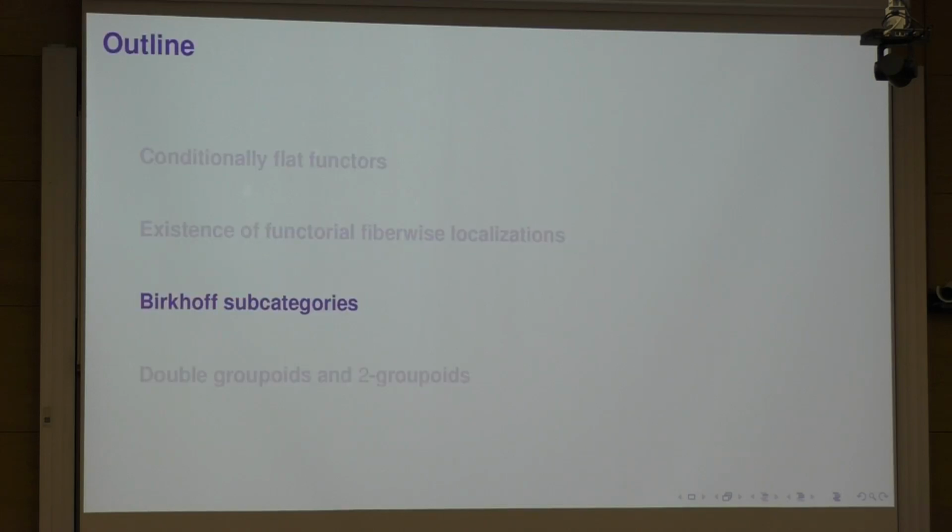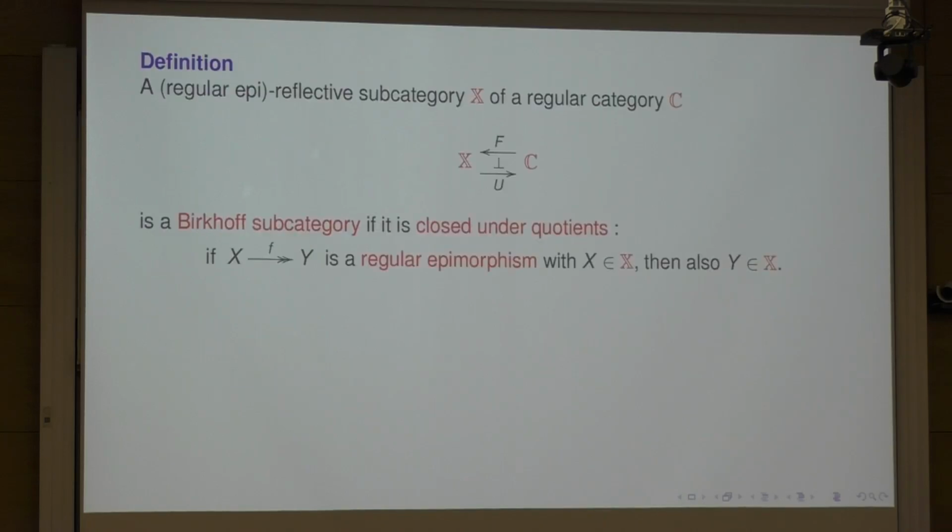Where we shall find many examples of conditionally flat functors is in the context of Birkhoff subcategories. So let me just recall that a regular epireflective subcategory of a regular category is Birkhoff if it is closed also under quotients. So if f from X to Y is a regular epi with the domain in X, then also the codomain belongs to the subcategory. And of course the name Birkhoff comes from Birkhoff's theorem.